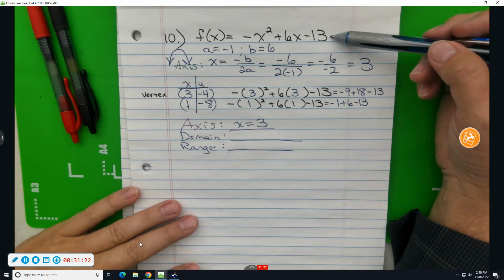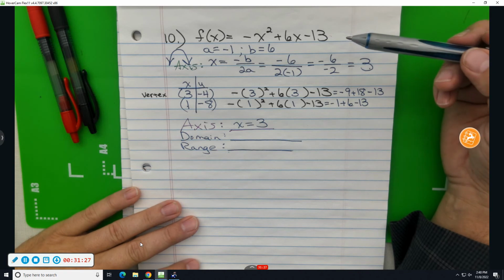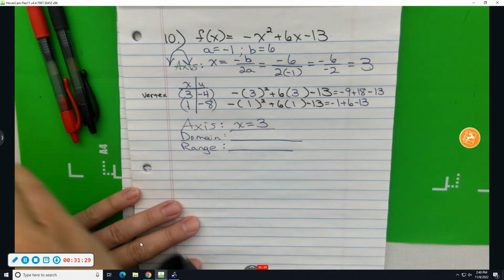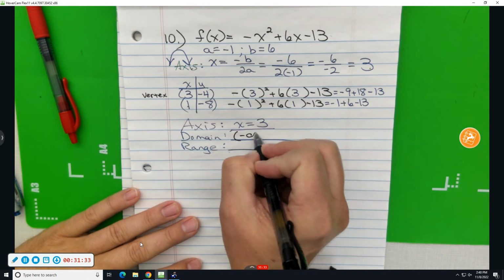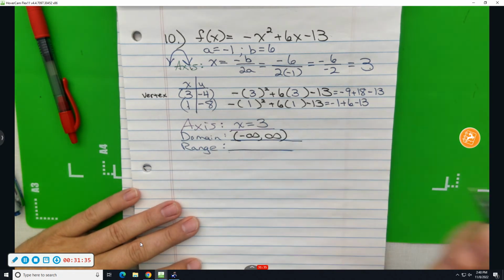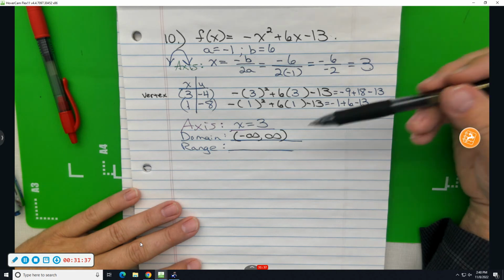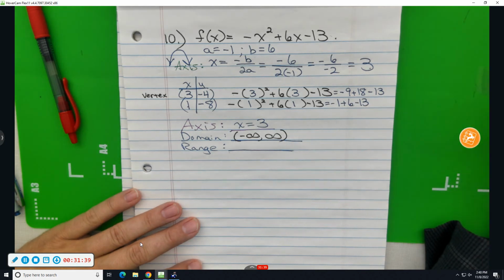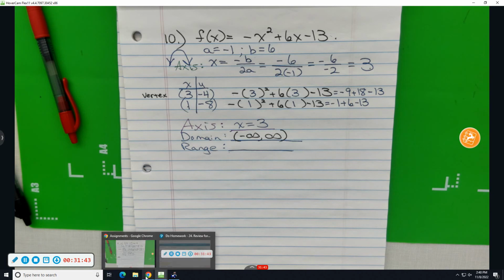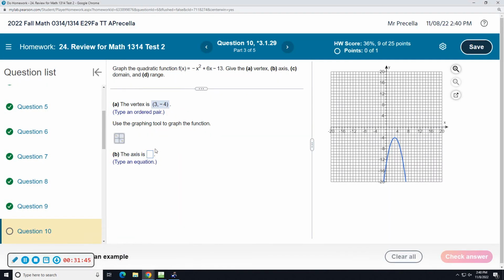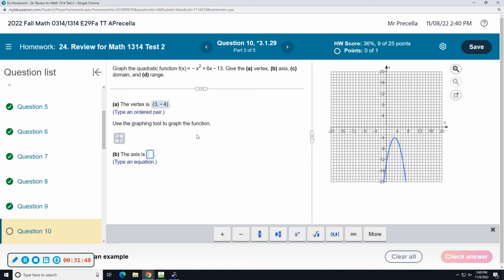So if there's no square roots and there's no fractions, what do we assume the domain is unless they tell us otherwise? All real numbers, -infinity to infinity. All quadratic functions have the same domain. So the range, we need to look at the graph. The axis, you have to type it as x equals 3.